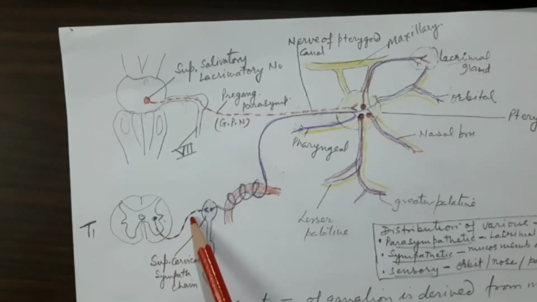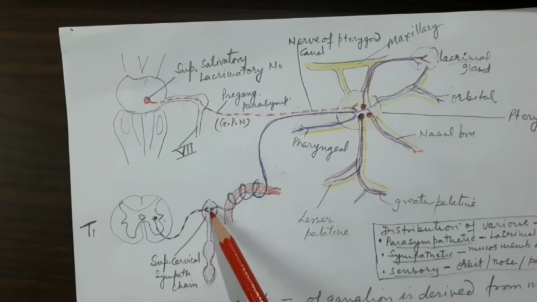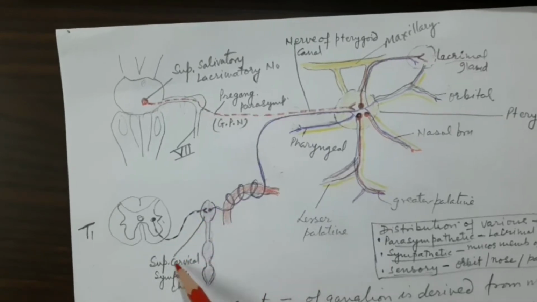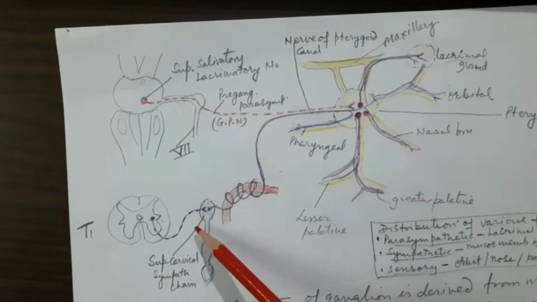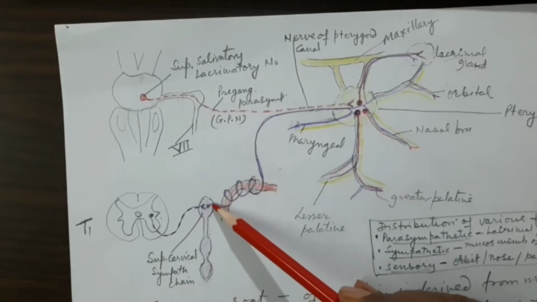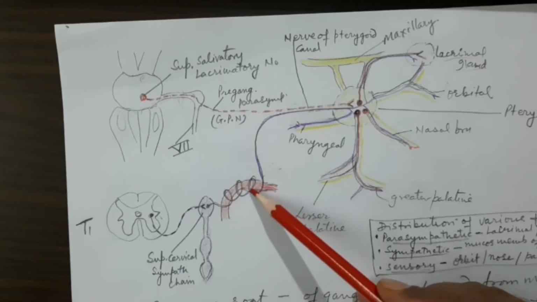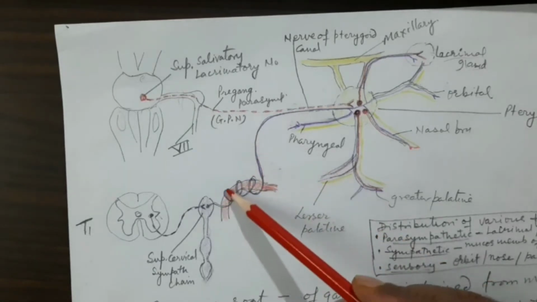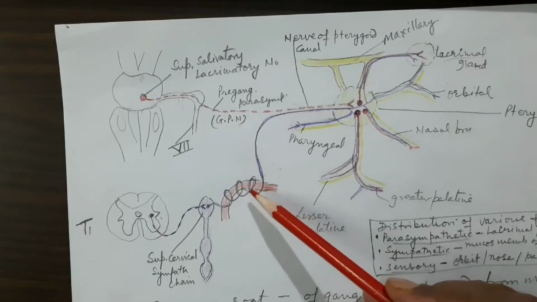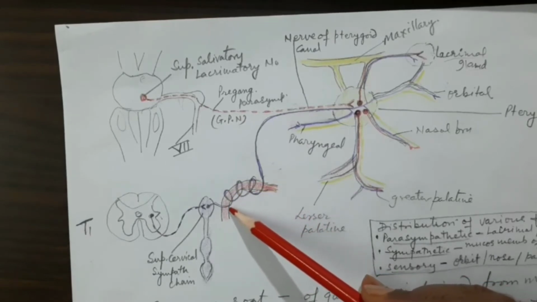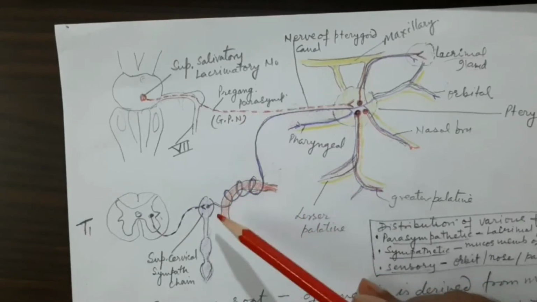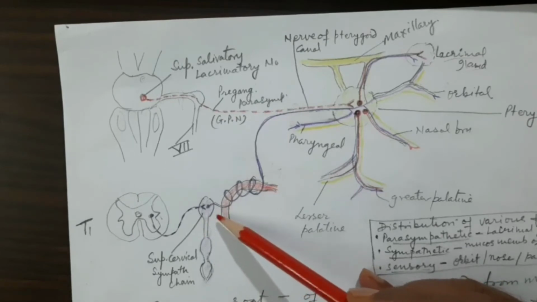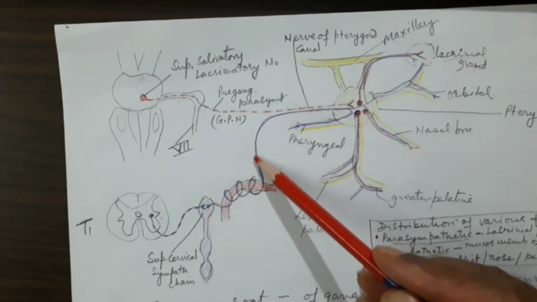These sympathetic preganglionic fibers, shown as a dotted line in violet color, will relay in the superior cervical sympathetic ganglion in the neck, and then give rise to the postganglionic fibers shown in continuous line. First they will lie as a plexus on the internal carotid artery, and then this plexus will form a nerve which is called the deep petrosal nerve.